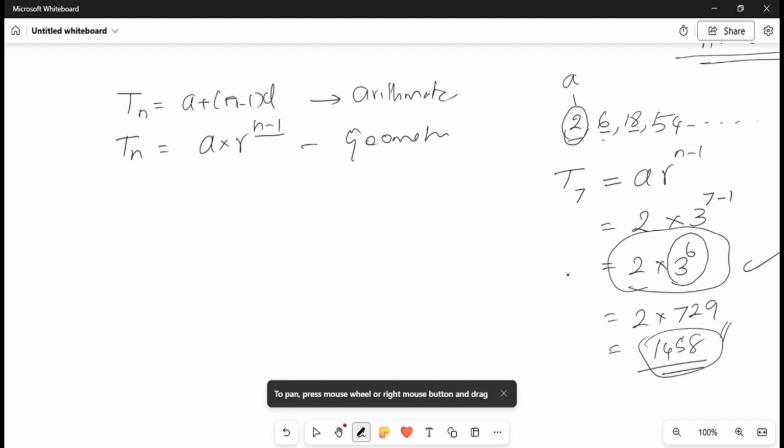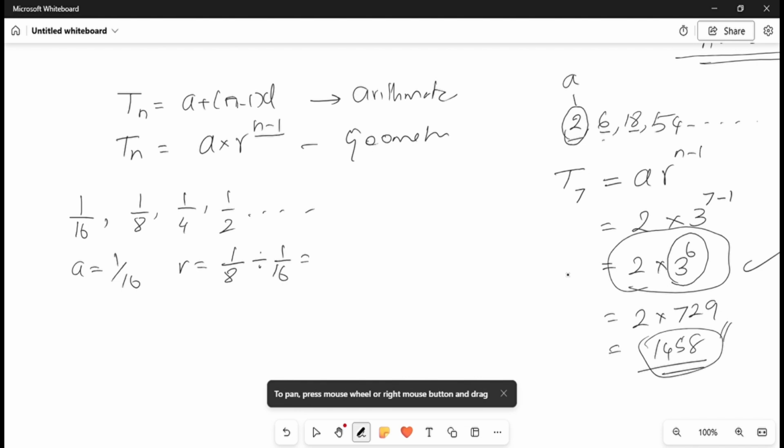Now I write one more sequence. Look at this sequence. 1 over 16 multiply by 2, 1 over 8 multiply by 2, 1 over 4, 1 over 2, like that it goes. So here A is 1 over 16. R is, if you don't know R, I told you, divide the second term by the first term. Second term 1 over 8 divided by 1 over 16.